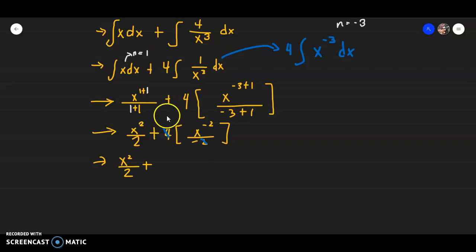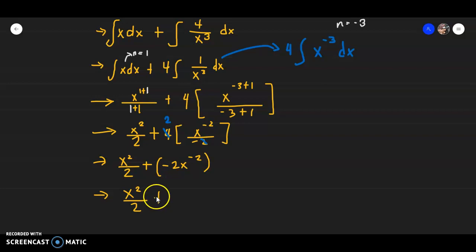Divide sa 2, magiging 2 to. Since negative, times negative 2 x raised to negative 2.